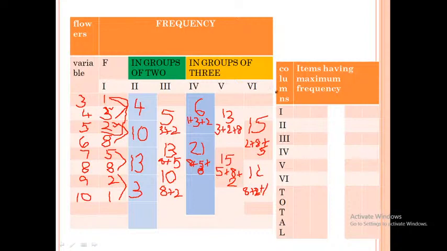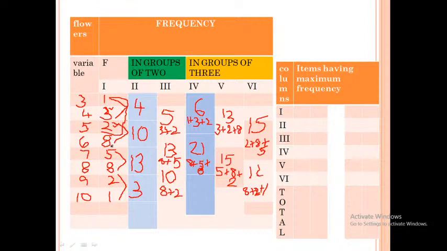Then here, the maximum frequency in column 1, go through this. In column 1, the maximum frequency is 8.